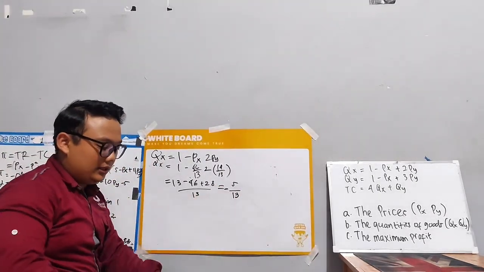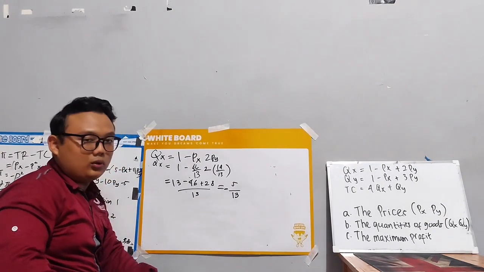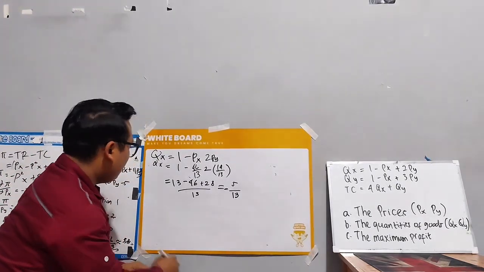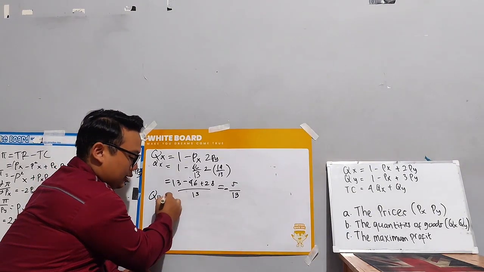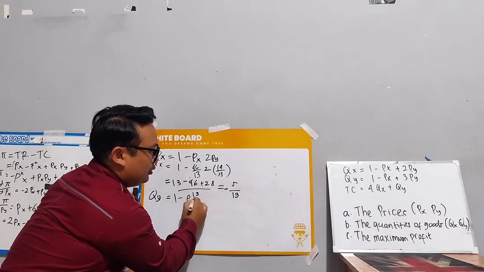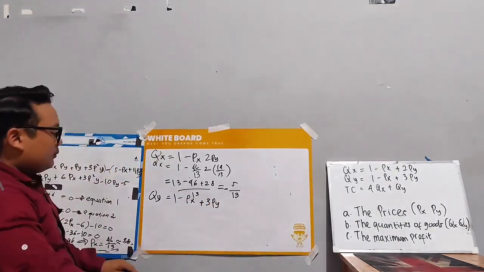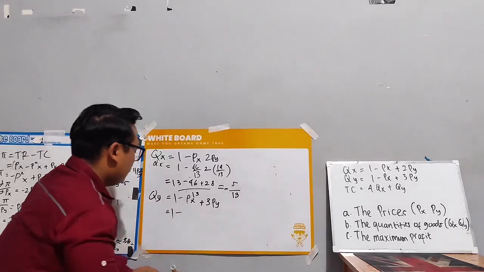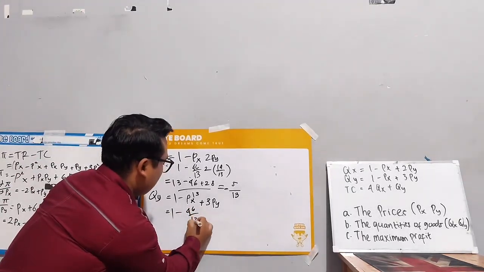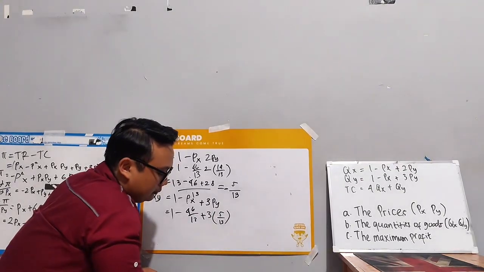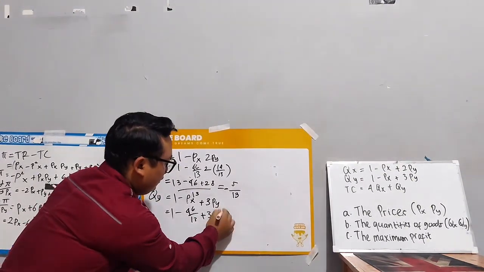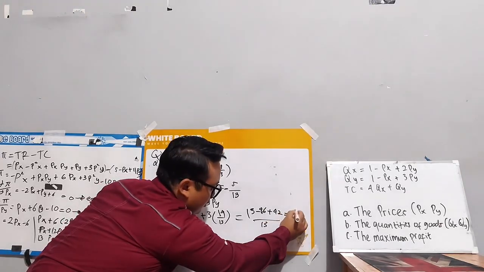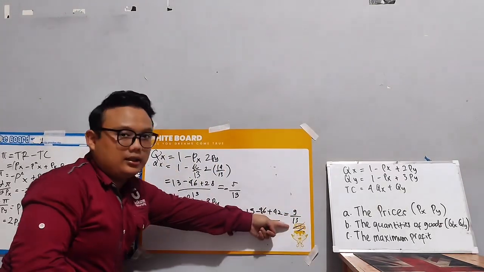Negative quantity in economics indicates that under this condition product X would likely not be produced at all. For Qy, the answer here.